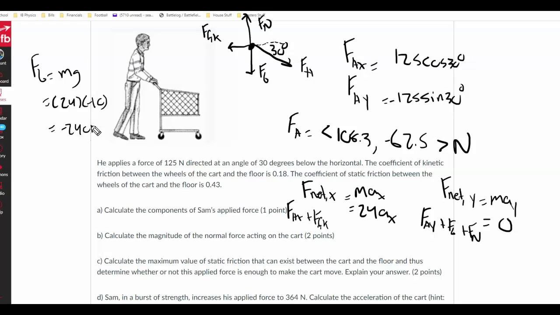That would be negative 240 newtons. And so I have negative 62.5 plus negative 240 plus Fn equals 0. So Fn equals positive 302.5 newtons. That is your next 2 points. That is B.